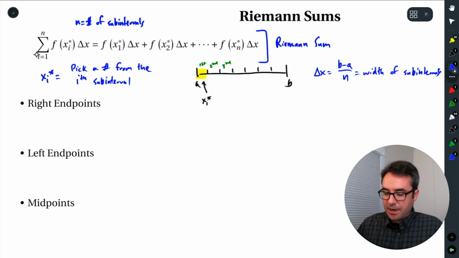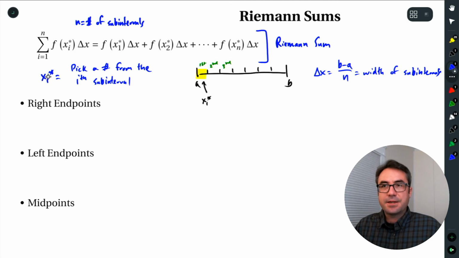All right, so this is our formula for Riemann sum. The x values are just a number that we pick from the ith subinterval. So for instance, our first subinterval, we would pick x1 star, just some number in there. And that's what we're going to plug into our function. And delta x is b minus a over n.